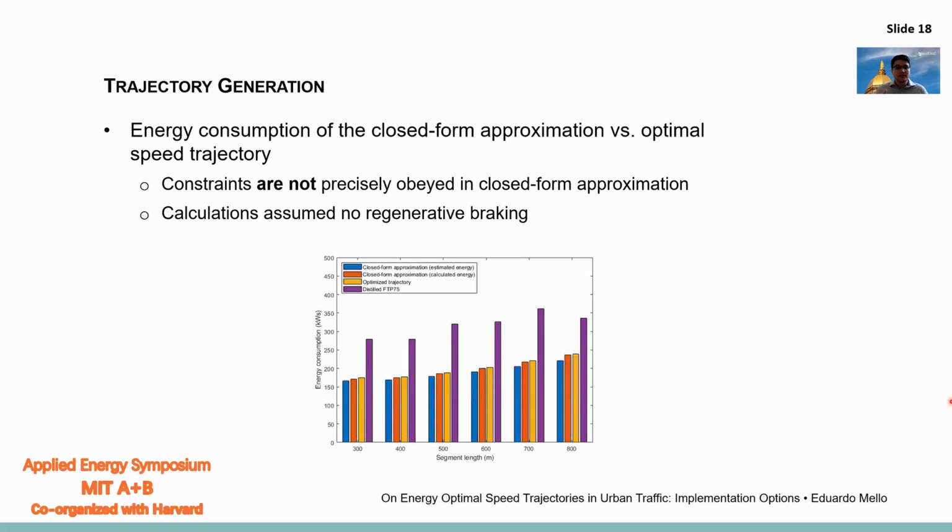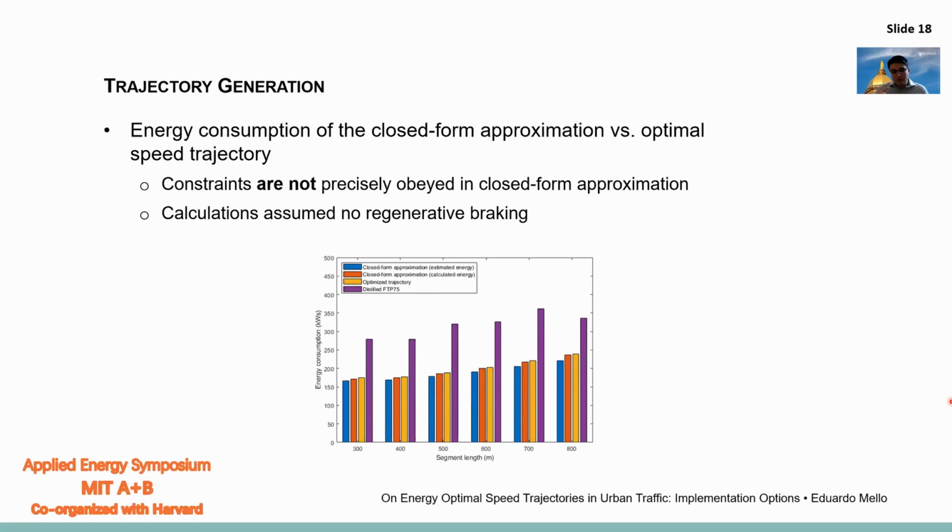If we utilize the closed form approximation for the optimum speed trajectory for segments varying from 300 to 800 meters, we obtain the graph shown below here. The bars in blue represent the estimated energy consumption for each one of the trajectories based on the closed form approximation. Utilizing that closed form approximation generated and actually computing the energy consumption of the trajectory, we obtain the bars in orange.